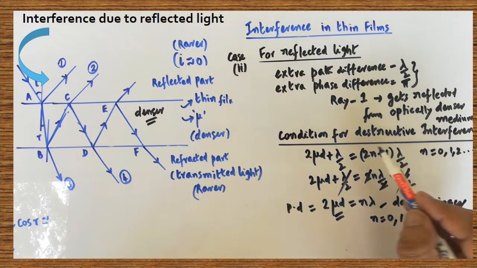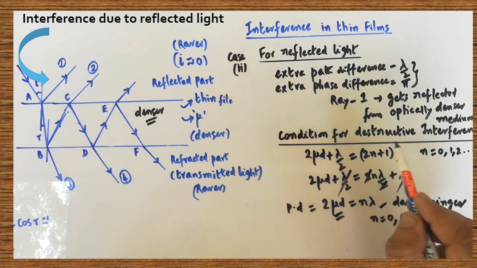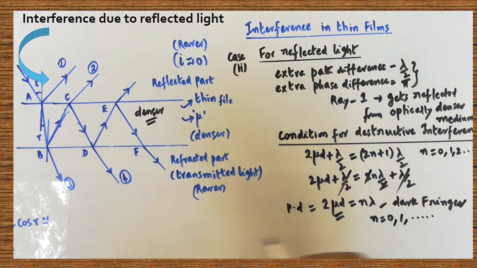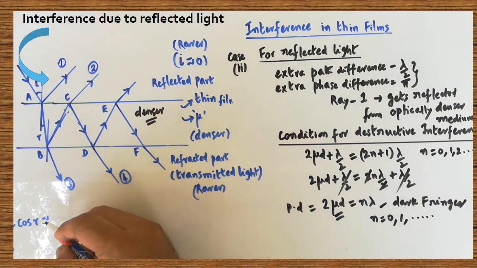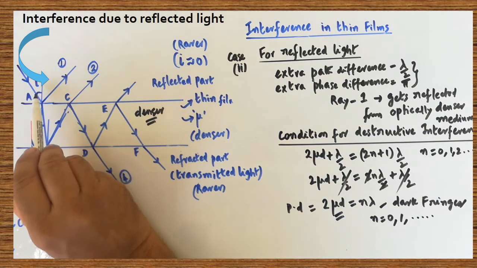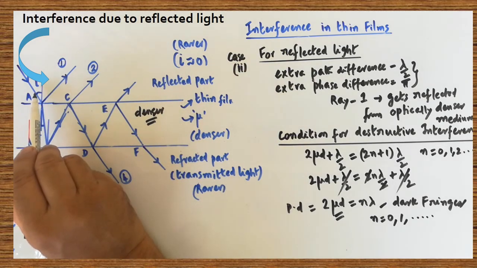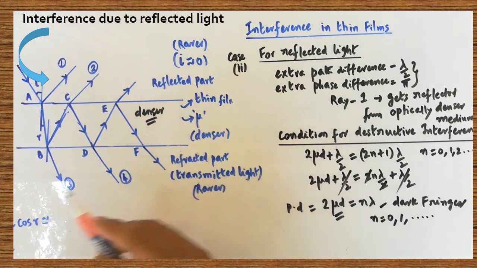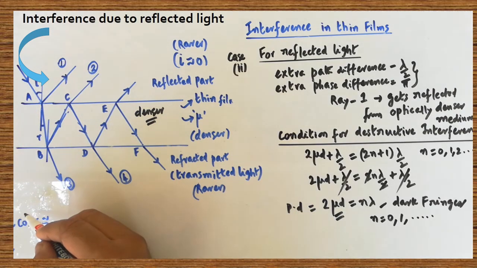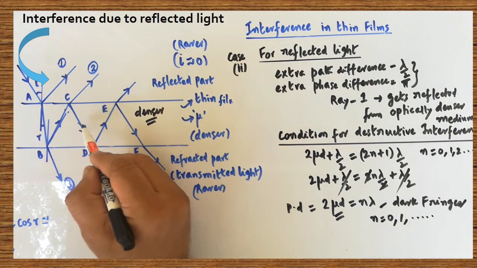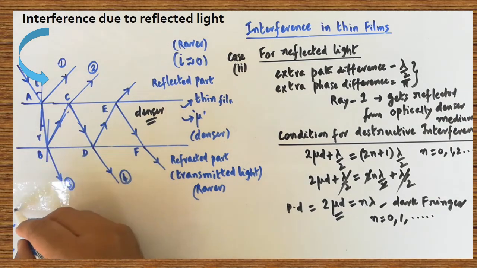Already I derived the expression for the condition for constructive interference. Are you clear? But actually we are assuming that i is almost equal to 0. In the beginning of the discussion itself I told that i is approximately taken as 0. But it won't be. Definitely some i value will be there. Depending on the i value, the r value also will change. So if you start deriving the path difference between these two rays, you will get this expression.